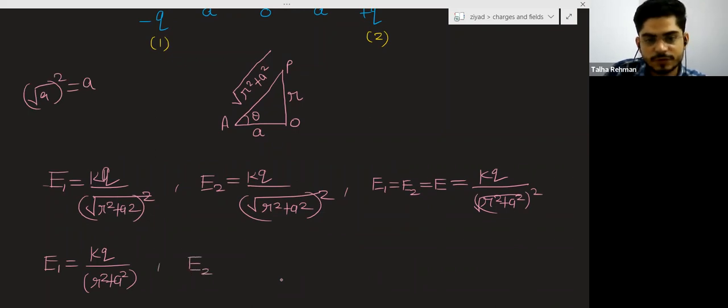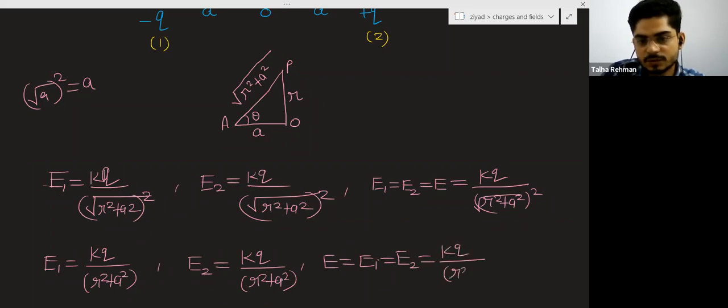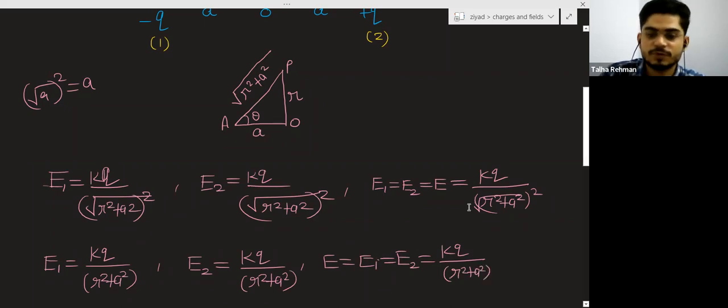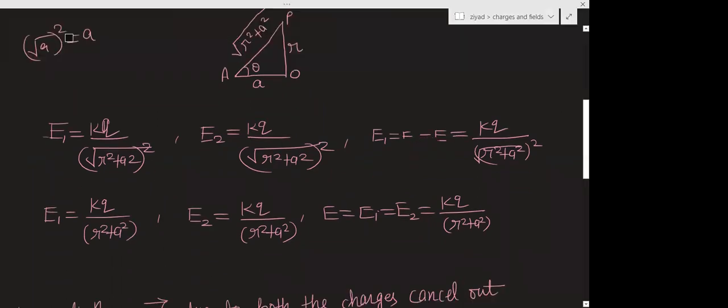So E2 you will get KQ divided by R square plus a square. So you can write E is equal to E1 equal to E2 is equal to KQ divided by R square plus a square. So the value of E is KQ divided by R square plus a square. Now no need of this.